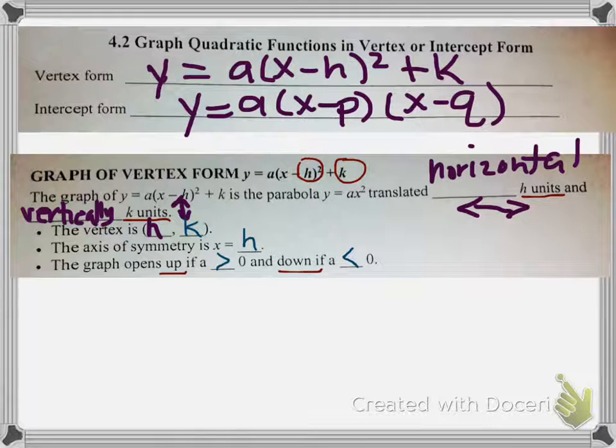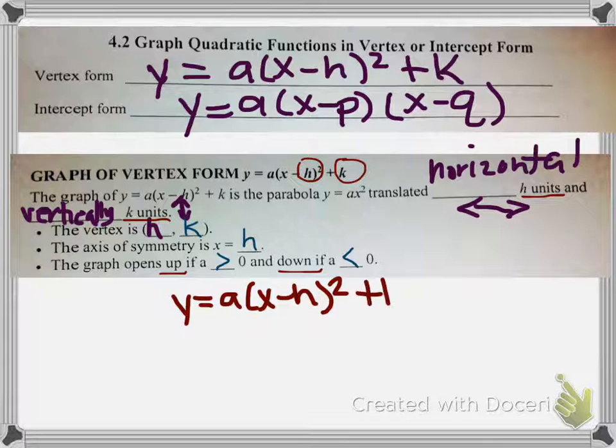Looking back at that formula, y equals a(x minus h) squared plus k. If I gave you x plus 3, what would my h be?